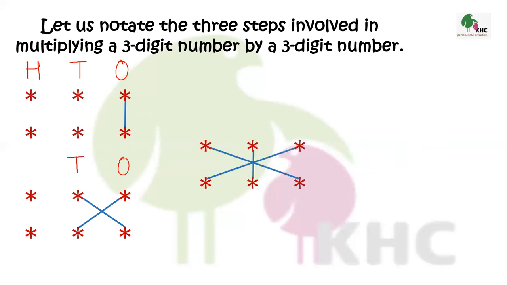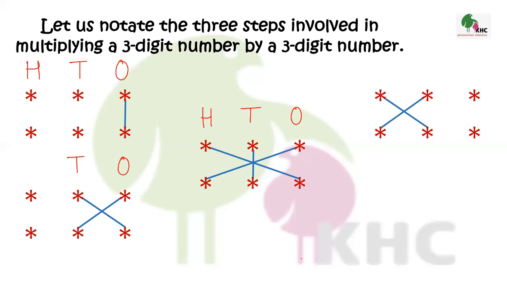The third step involved out here was unique, and we did not see this particular step in the 2-digit numbers, right? So this step is to cross multiply the hundreds digit with the ones digit and vertically multiply the tens digit and find their sum. Okay, that is the third step.